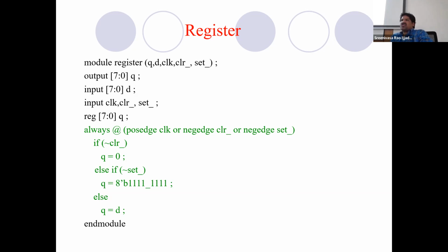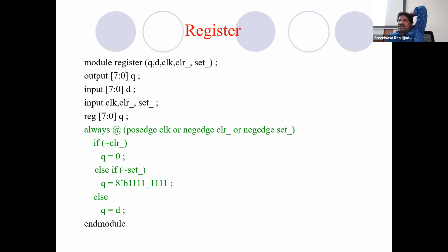Suppose an 8-bit register value, I can say in decimal, I will tell you. Suppose the value is 20. Can 8 bits hold 20? Yes, you can define the value 20 using 8 bits.